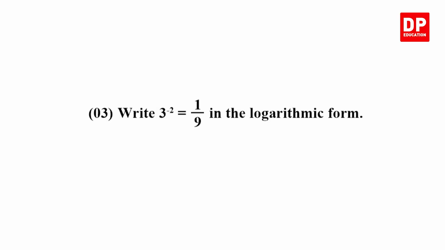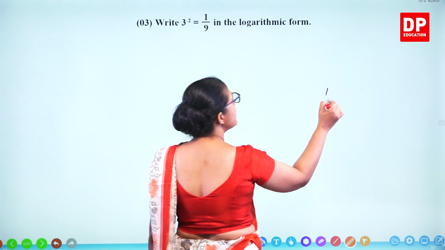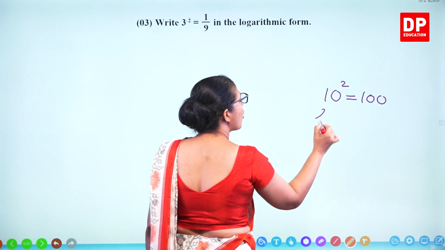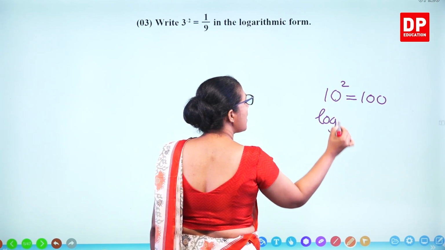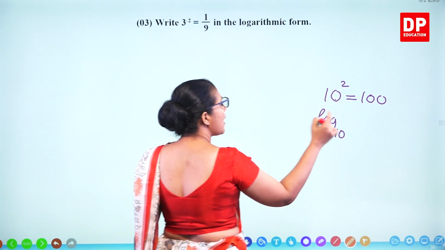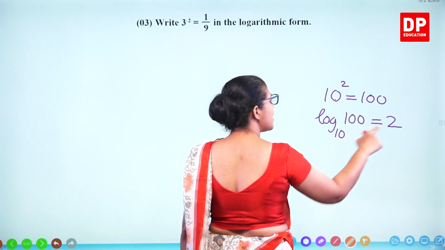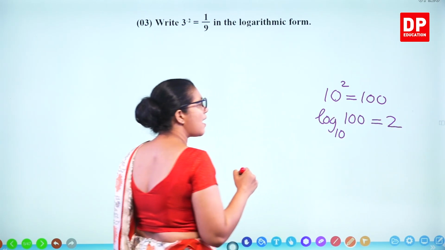Question number 3. This is index notation. Write 3 to the power minus 2, which is 1 over 9, in the logarithmic form. Remember 10 squared is 100. That means log, this is the base. The base goes here, the index comes here, and this is the number. 10 to the power 2 is 100.